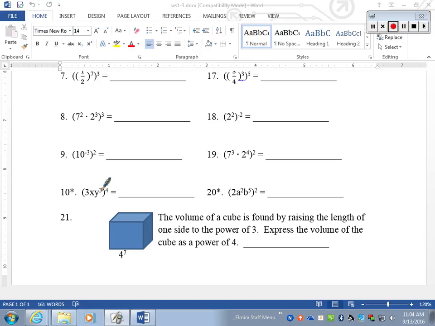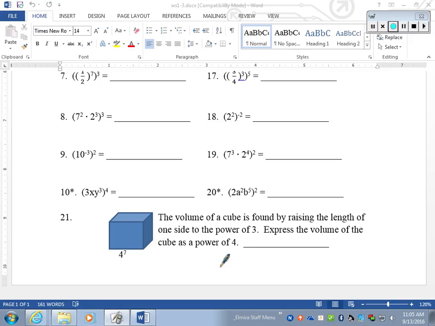Lastly, number 21. Volume of a cube. The volume of a cube is found by raising the length of one side to the power of 3. Remember that cube means all sides are the same. So if this side is labeled 4 to the 7th, the height is also 4 to the 7th, and the width is 4 to the 7th. They're all 4 to the 7th power. So the intention is you're going to raise 4 to the 7th power to the power of 3.